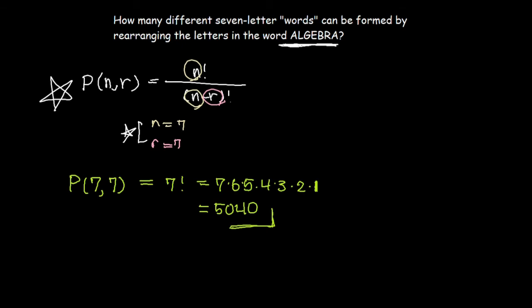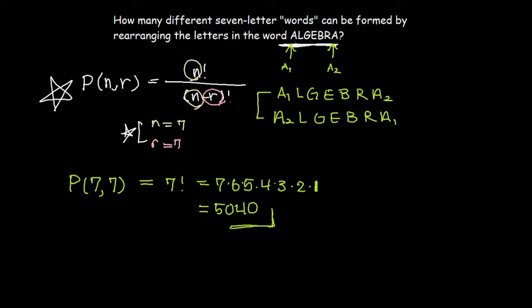You see that in the word algebra, the letter A repeats twice. So for example, let's say that the first A is A sub 1, and the second A is A sub 2. This word, algebra, is the same thing as A sub 2, L-G-E-B-R, A sub 1, right?